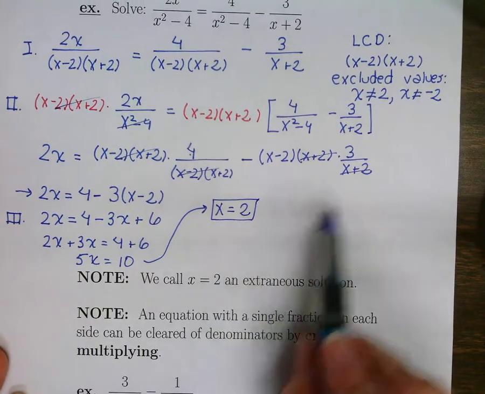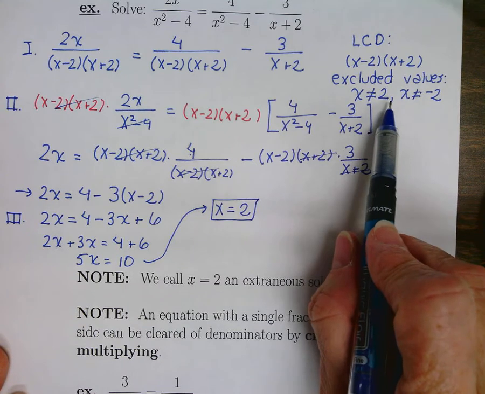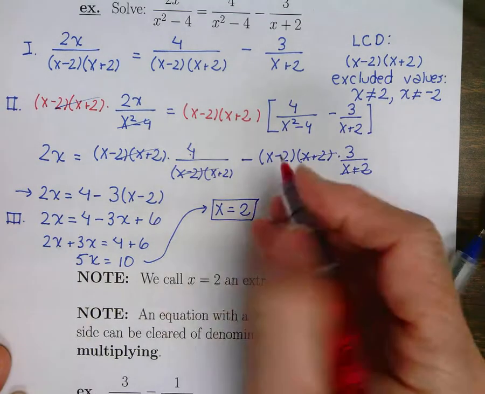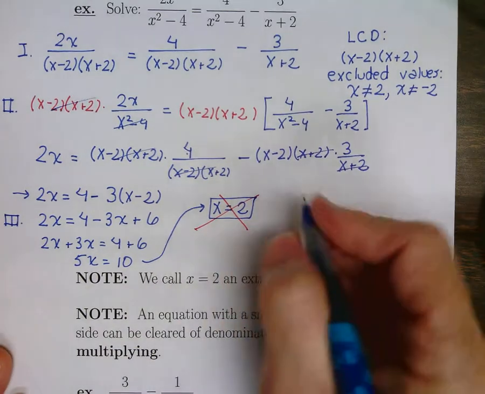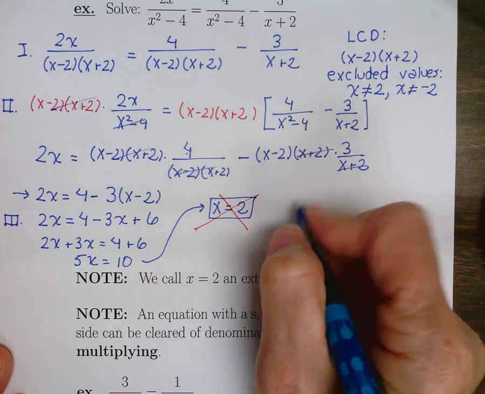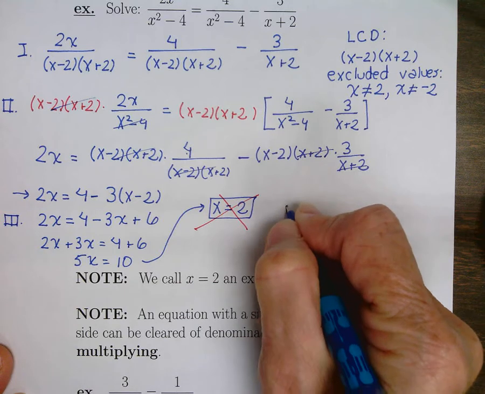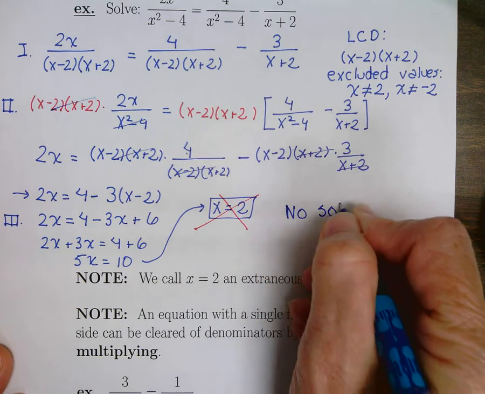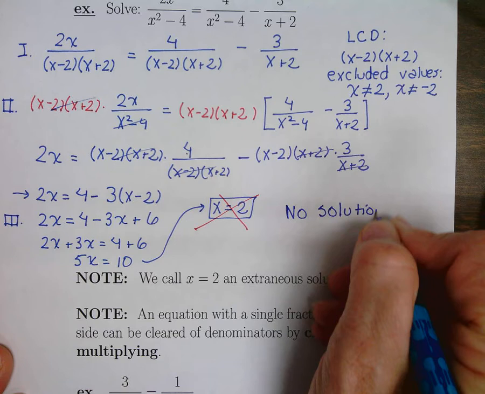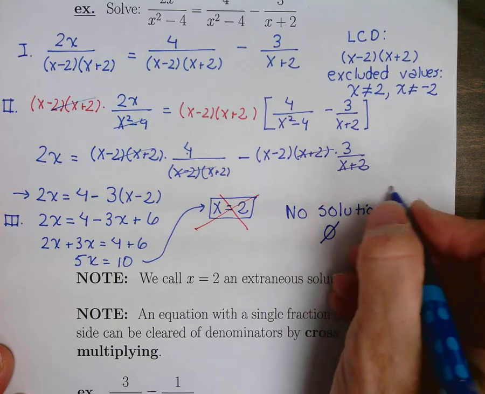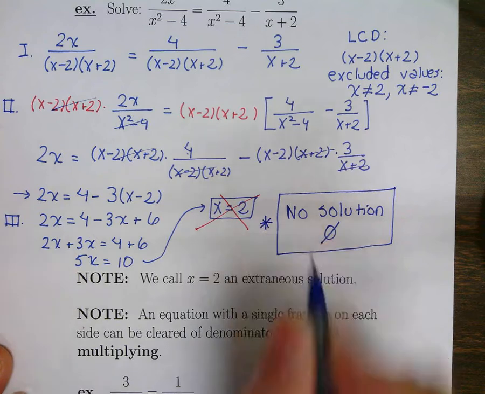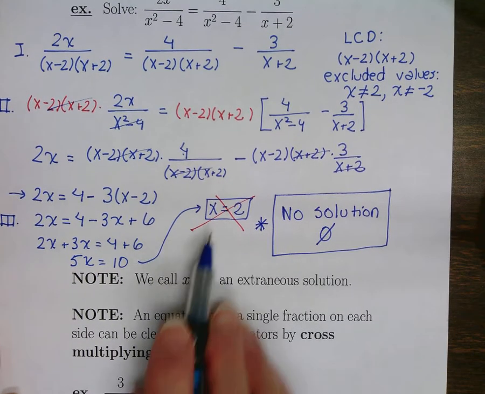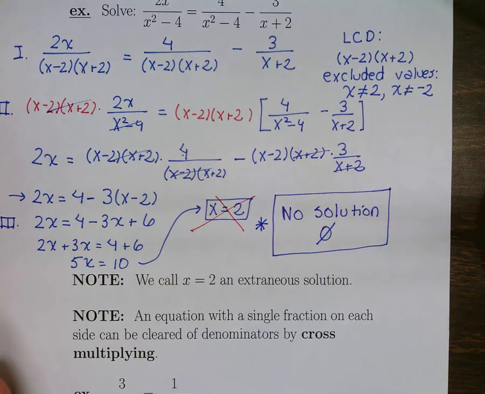But I have to check, oops, it's an excluded value. So this one will not work. x equals 2 is an excluded value, so this equation has no solution, or the empty set. Okay? Because the only possible solution has already been excluded.